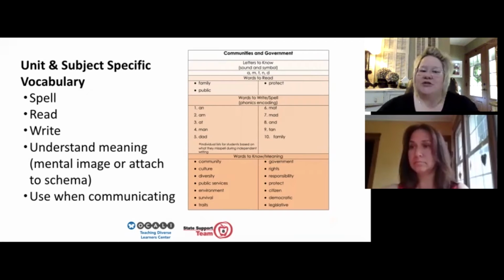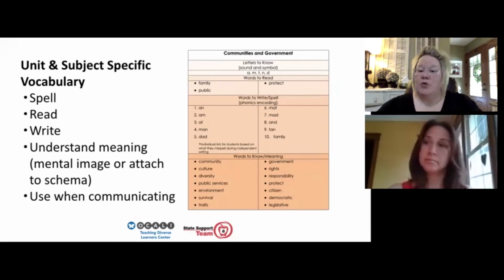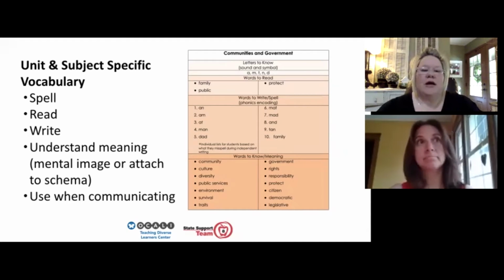Are they expected to use the new terms again and again somehow in that context? Are they expected to be able to decode the word and read the word phoneme by phoneme to make sure that they really can see that word in print, and hopefully over time build automaticity where that word is not foreign to them anymore, but becomes part of their lexicon?